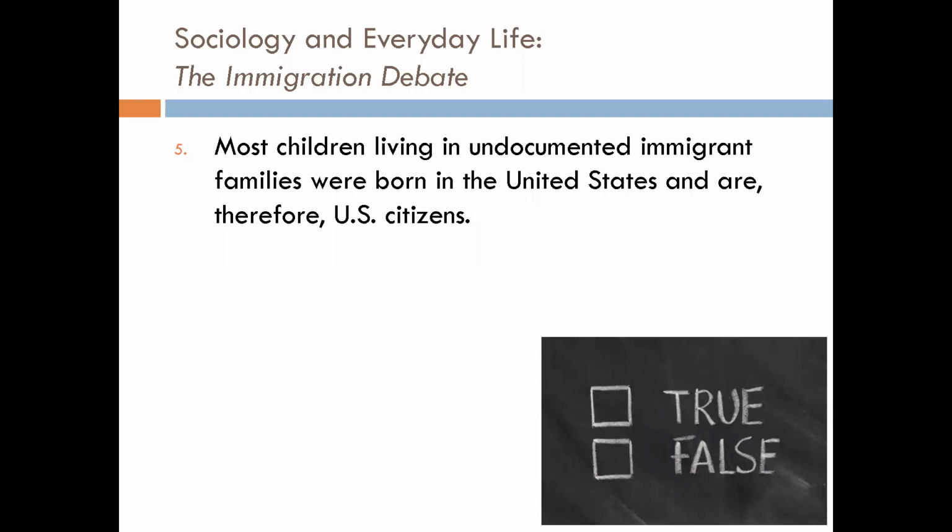Fifth, most children living in undocumented immigrant families were born in the United States and are therefore US citizens. Is it something about the law of immigration and the law of citizenship in the United States? Is it true that everybody who was born here in America will, with no doubt, be a US citizen, or no?